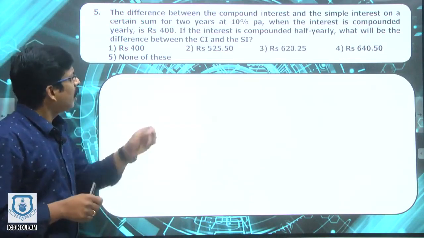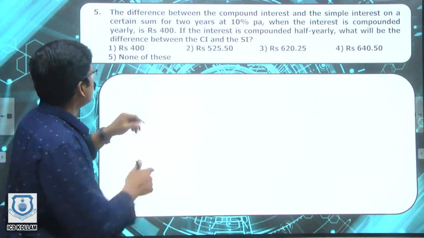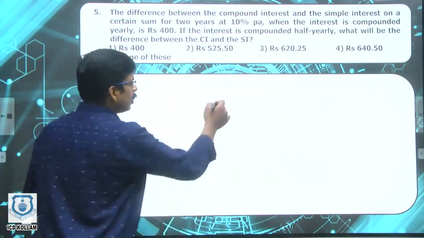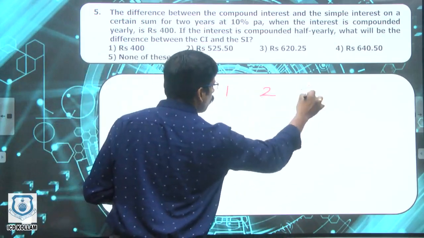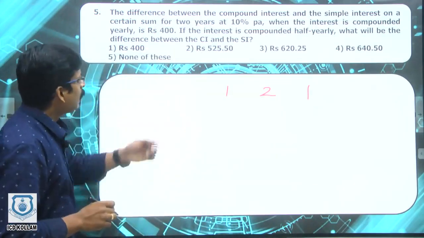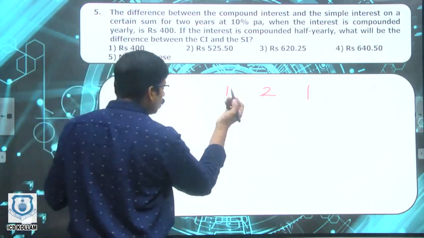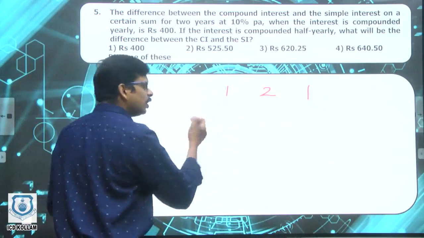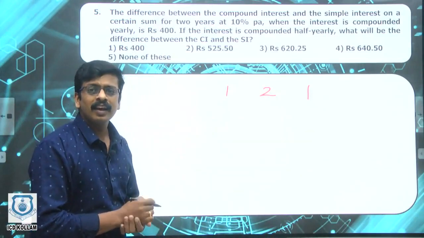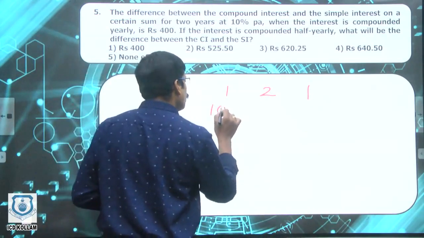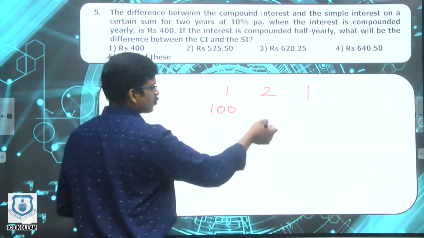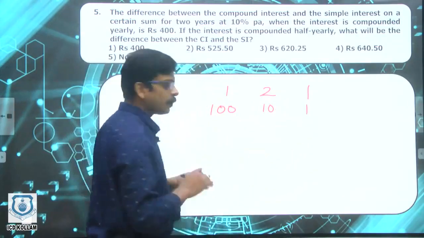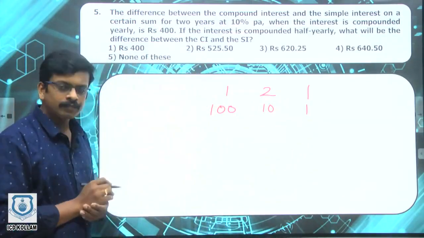So, let us take 2 years, our Pascal's triangle number is 1, 2, 1. Now here, we don't know the principal, but you should assume the principal as 100. So, 100, 10% is 10, its 10% is 1. This is the procedure of this method.